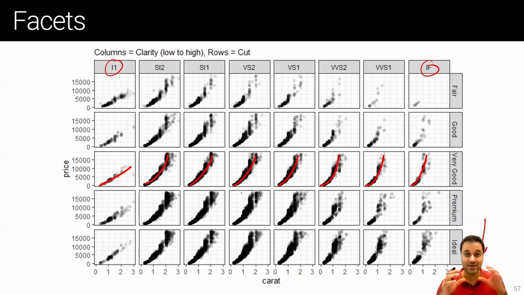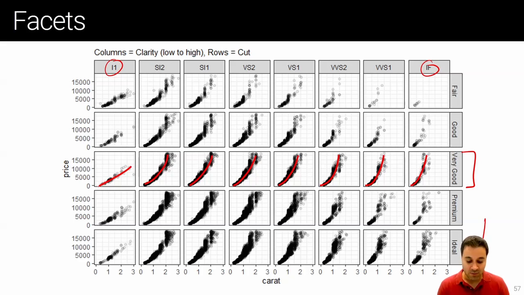So if we have a certain quality of cut, then depending on the clarity, you're going to pay more or less. And so what we see here is that, for example, for cuts that are very good, if you don't have much clarity, then there's this kind of linear relationship between the cut and the price.